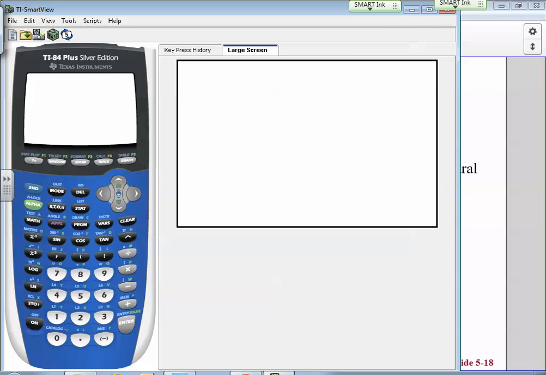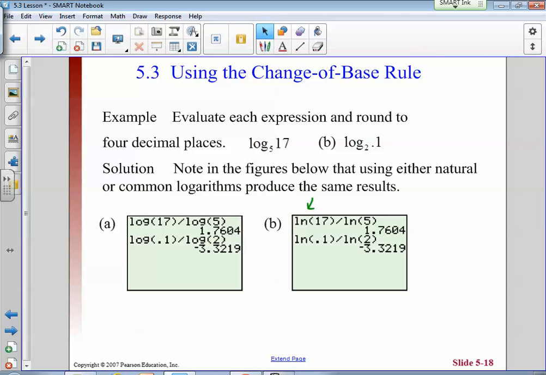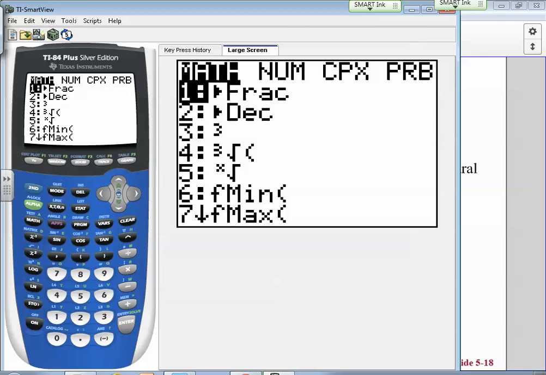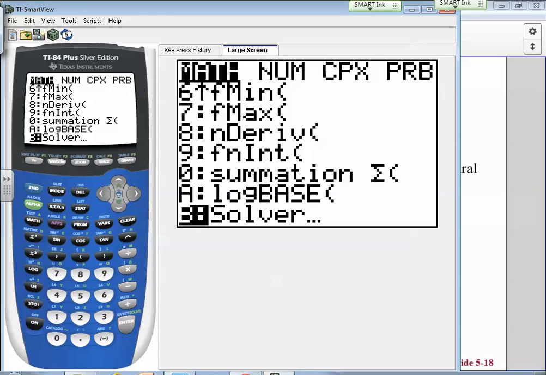Okay, so if we had, what was the problem there? It was log base 5 of 17. Okay, so you hit the math button here, and you get this menu. And I put this up big so you can see it easily on the screen. Hit the up arrow to go to the bottom of that math key, and then you get this one thing that's called log base.